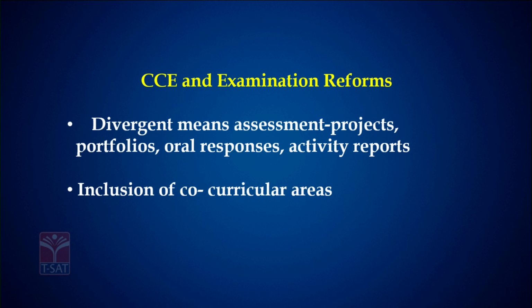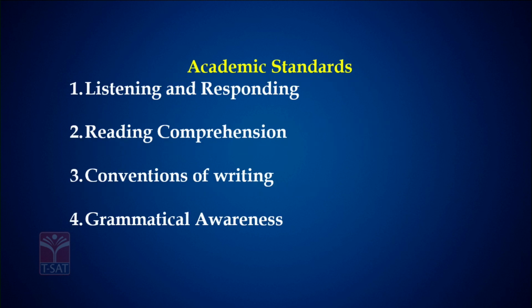So, assessment is done not only by testing, it is done by means of projects and portfolios, oral responses, and even activity reports. And in CCE, the co-curricular areas are also included, work experience, ICT and all.